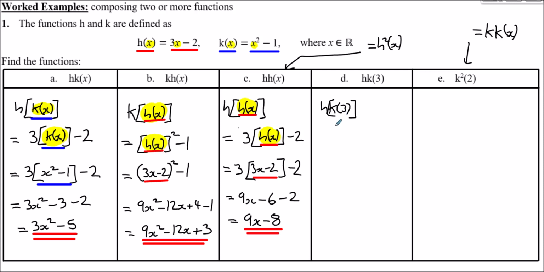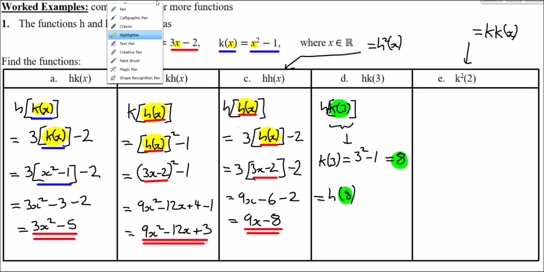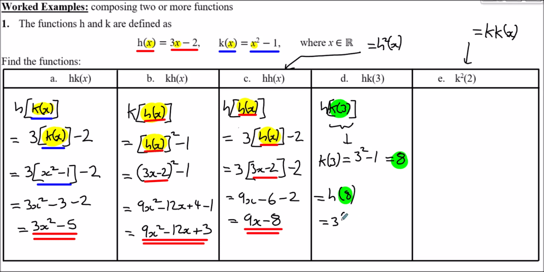So k of 3 is simply 3 squared minus 1, which of course is 8. So h of k of 3 means the same as h of 8, because we just evaluated k of 3 as 8. So h of 8 means 3 lots of 8 minus 2. 3 times 8 is 24, minus 2 is 22.